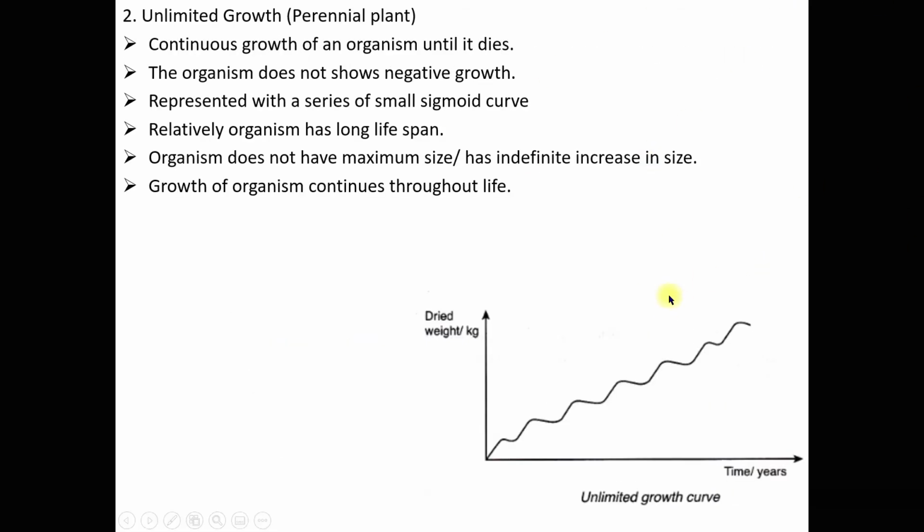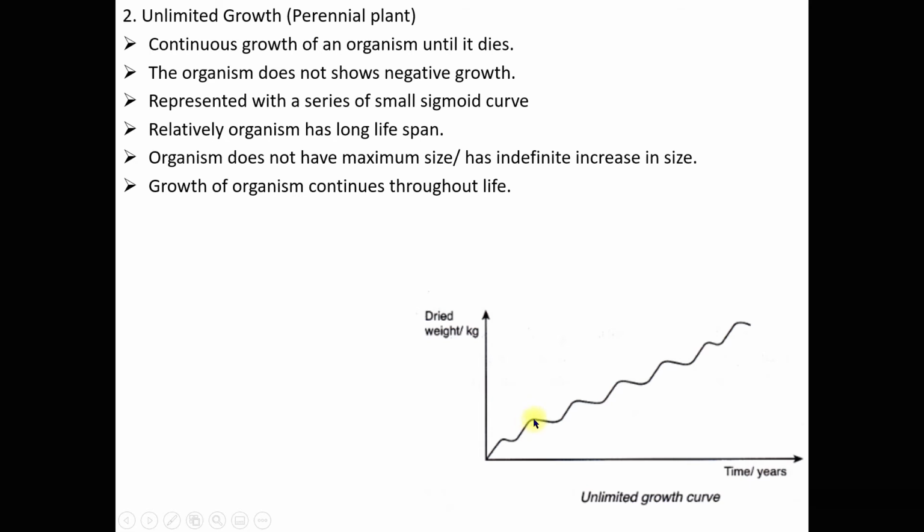Now we can see in this graph one example of a perennial plant, like hydrangea. From here it grows during the spring and summer. Now we have autumn, so the growth of the plant slows down during autumn.